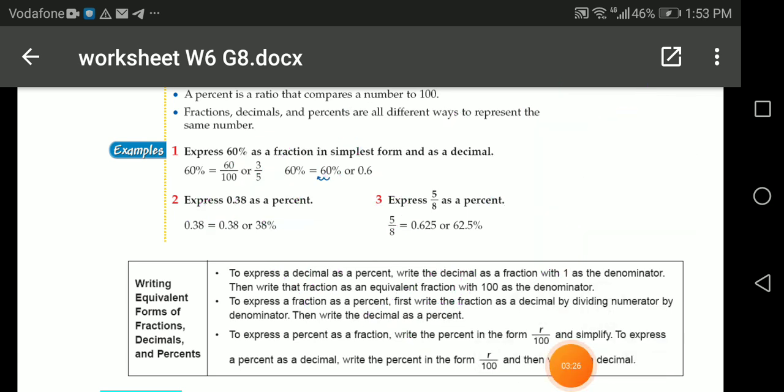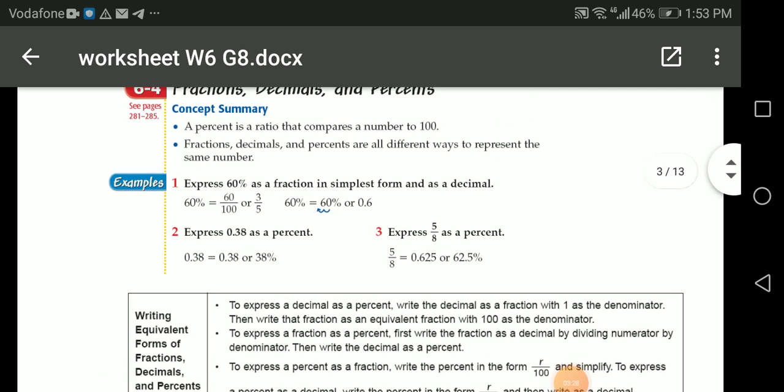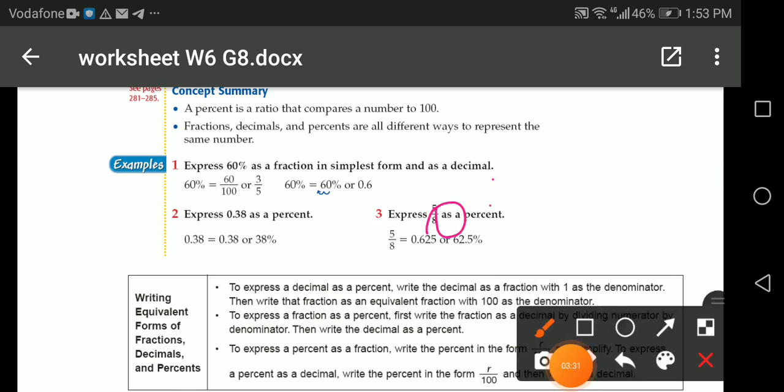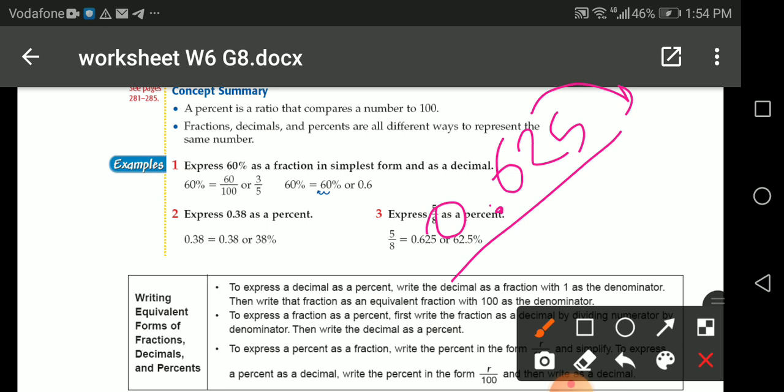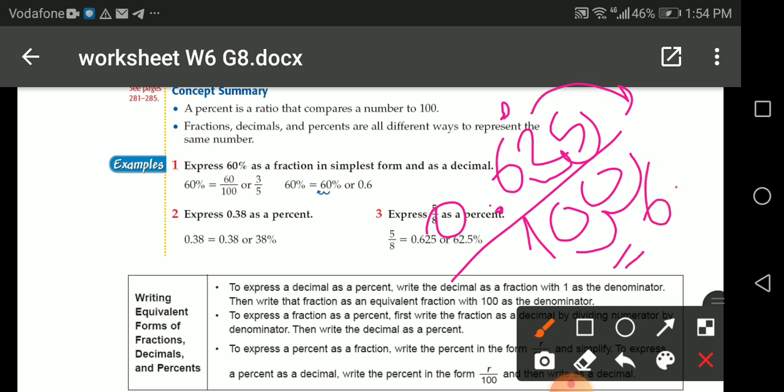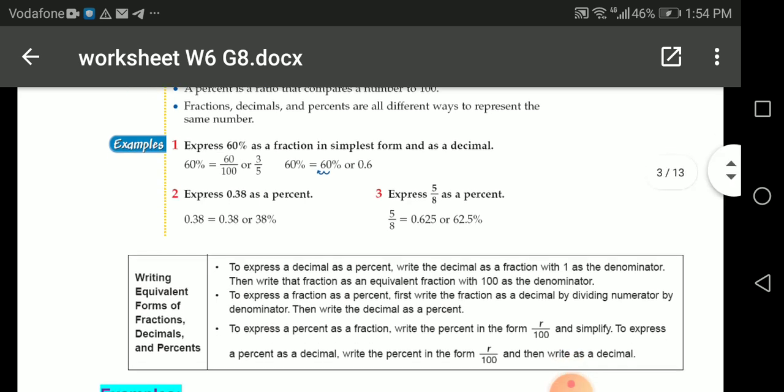My dear students, to convert 0.625 into a percent, converting a number into a percent means I will compare it with 100. So divide by 100. It's easy like this. We have two zeros, so I'm going to move two places, so the new decimal point gives 62.5%. Okay, it's easy now.